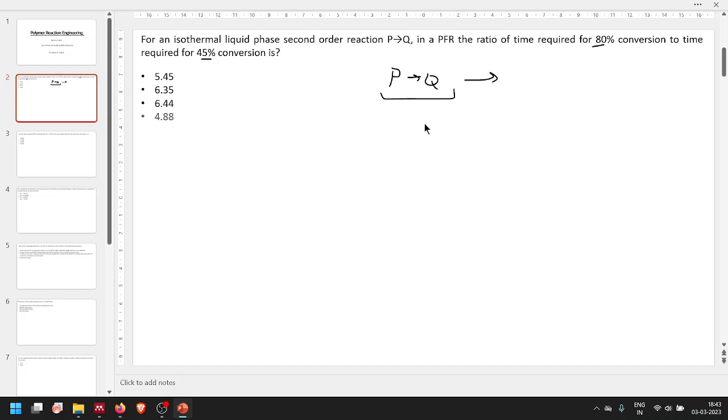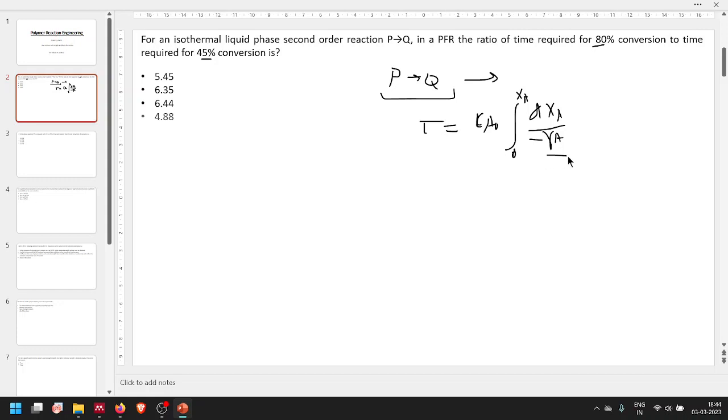So starting from the performance equation of a PFR, we have tau, that is your time, equivalent to Ca naught and an integral from 0 to xa, that is the conversion, and inside the integral term we have dxa by minus ra.